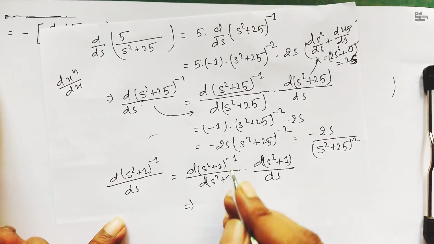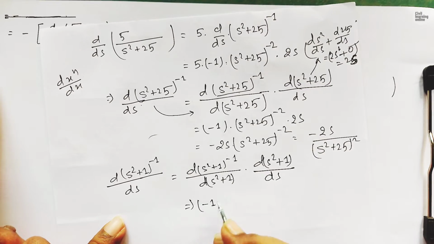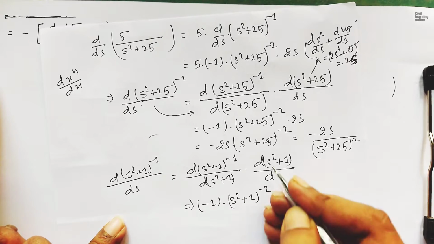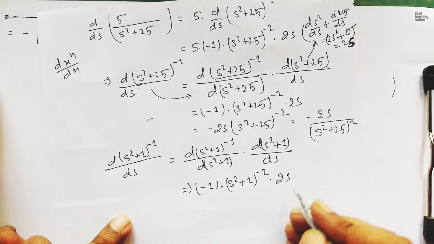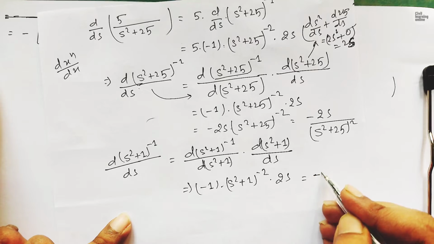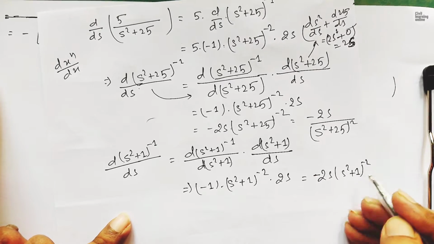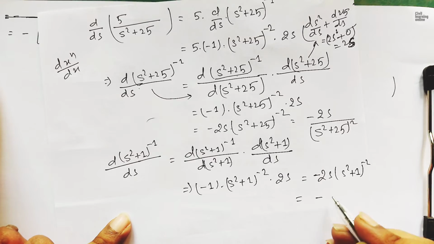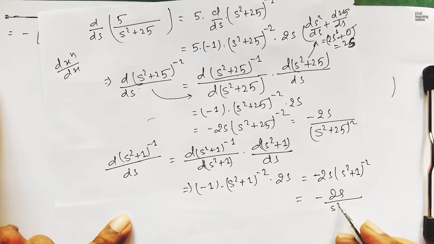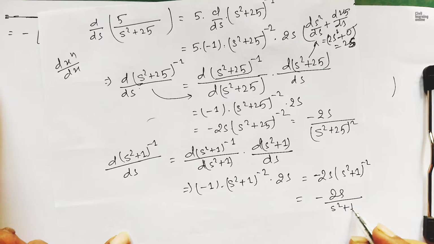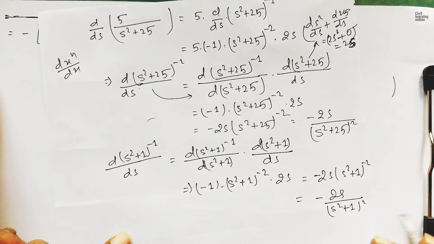So again chain rule, that is minus 1 times (s square plus 1) to the power minus 2 times 2s. So we will have here minus 2s times (s square plus 1) to the power minus 2. So we will have here minus 2s upon (s square plus 1) whole square.